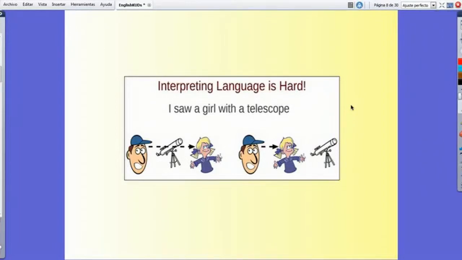I saw a girl with a telescope. I'm sure we can all agree on the literal meaning of this sentence, right? But how can we know for certain that it is the girl who was using a telescope, or rather the man who saw the girl was looking at her by using a telescope?